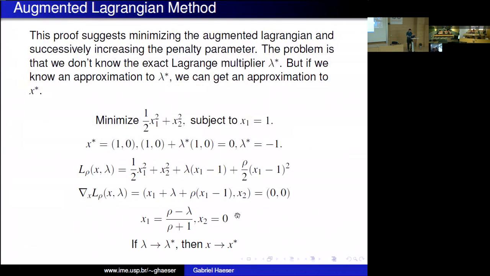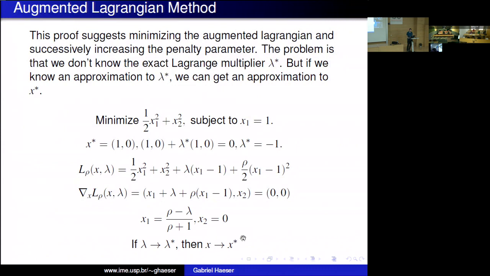So see what happens here. If I take the true Lagrangian multiplier, which is minus 1, I get the solution no matter what the value of ρ is. This returns 1 if lambda is minus 1, the true Lagrangian multiplier. But if I don't know the correct Lagrangian multiplier lambda star, but I'm able to build an approximation to it, in fact, I will have an approximation to x star.